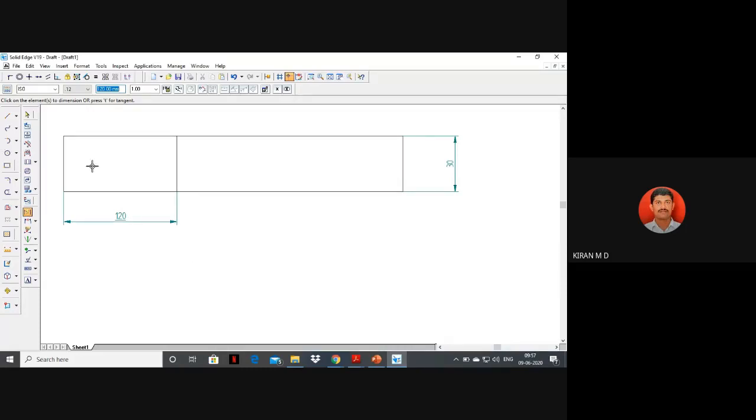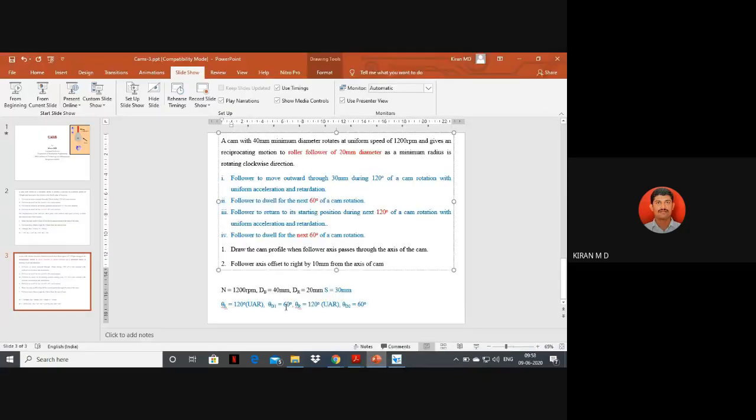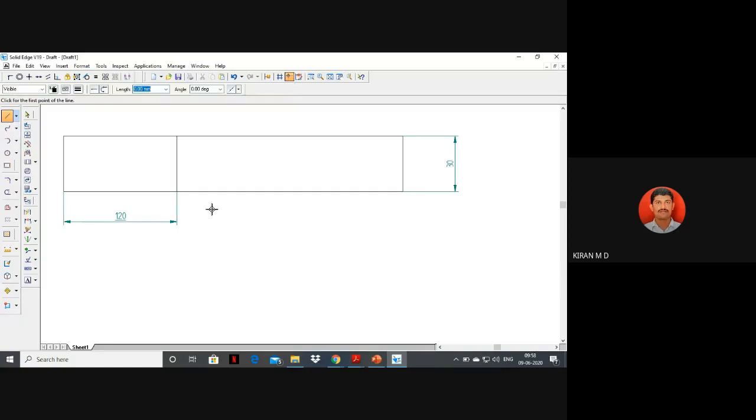Okay? So now next is theta d1 is 60 degree. 60 degree means I need to draw 30 mm. Just you can divide that for 30 mm. Use compass. So you can divide that into the 30 mm. So its angle is 60 degree.